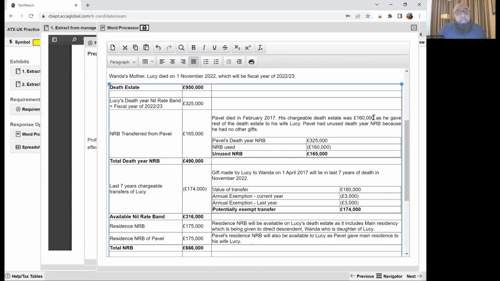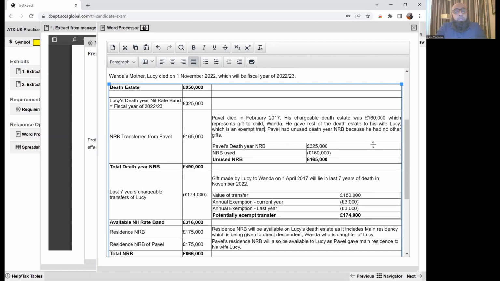His chargeable death estate was 160,000, which represents a gift to child Vanda. Okay, he gave the rest of the death estate to his wife Lucy, which is an exempt transfer.